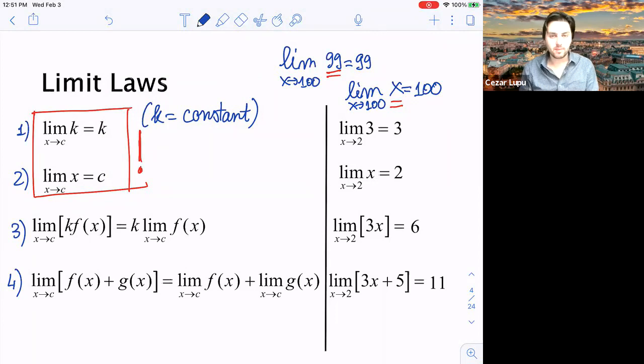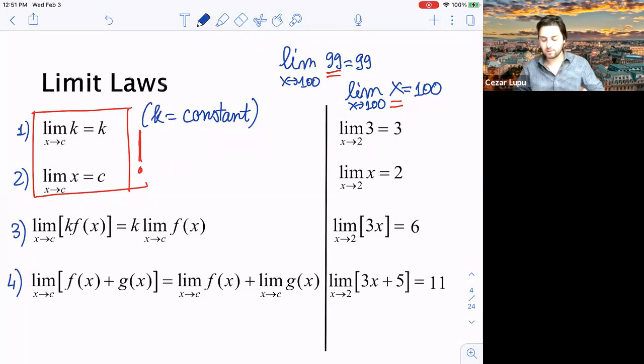And when we take the limit as x approaches c, that constant k will just go outside the limit. So basically, the limit as x approaches c of k times f of x will always be k times the limit as x approaches c of f of x. So you're just going to take out the constant.